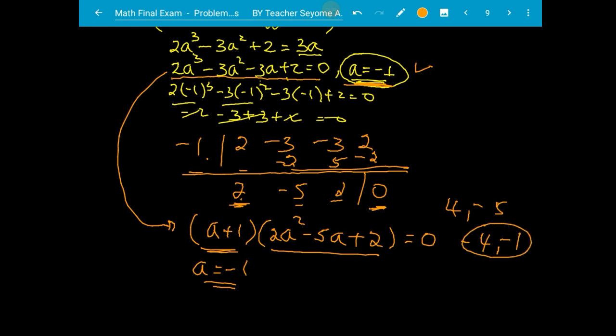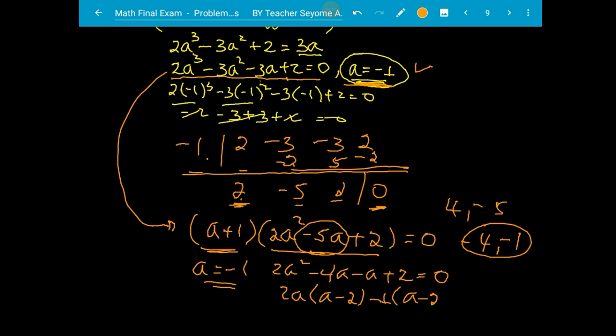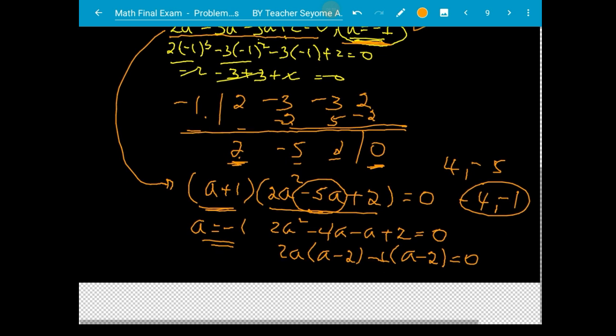Instead of minus 5a, substitute minus 4a and minus a. So 2a square minus 4a minus a plus 2 equal to 0. 2a is common in the first two terms: a minus 2, and minus 1 common: a minus 2, equal to 0.